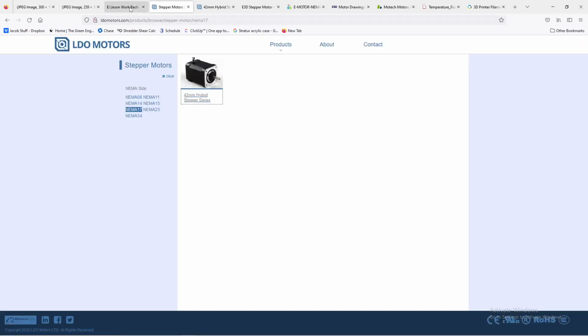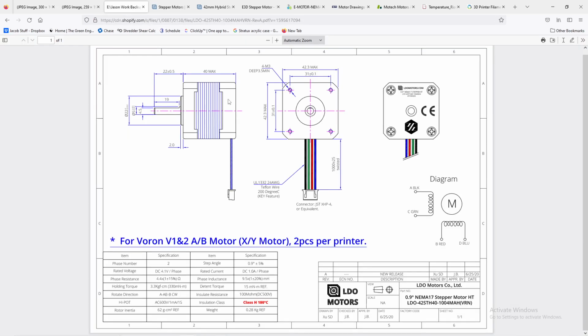And so let's go ahead and talk about some different stepper motors. Here, the most common are the LDO motors, and they have these high temp versions, and you see HT, right? High temp, and I think they also have it coded inside of the part number. And these are very common on the Voron DIY kits.